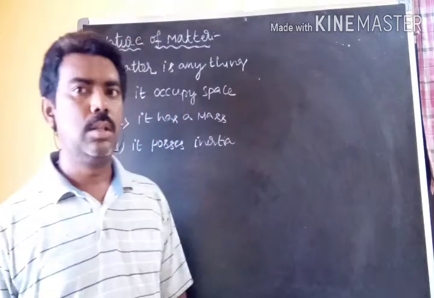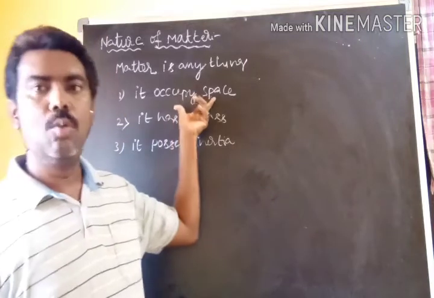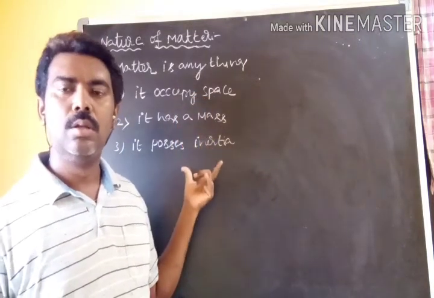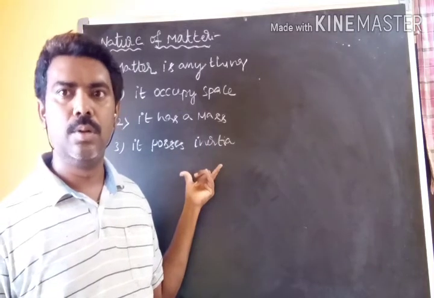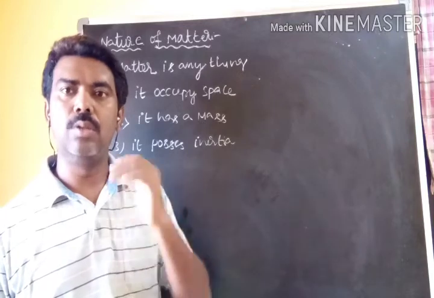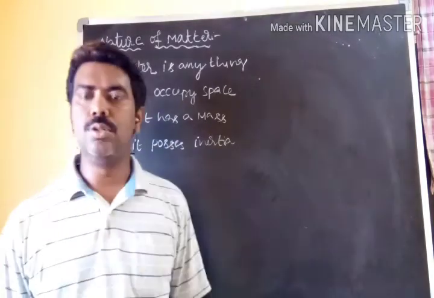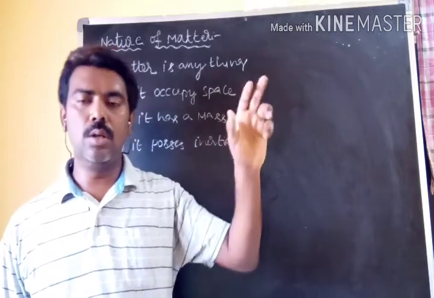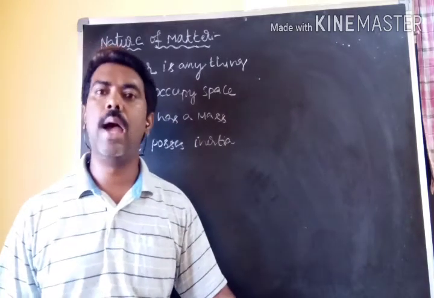Why not? Because for energy sources we cannot explain how much space they occupy, what their mass is, and what about inertia. These three properties we cannot exactly explain for energy sources. That's why, except for energy sources, the remaining things in the universe come under the examples of matter.